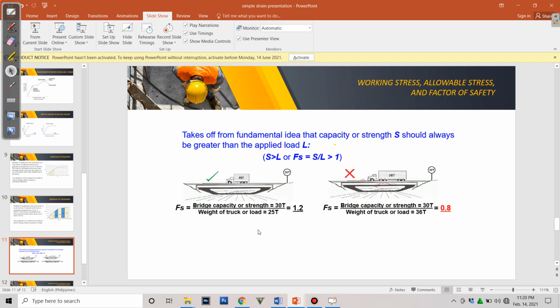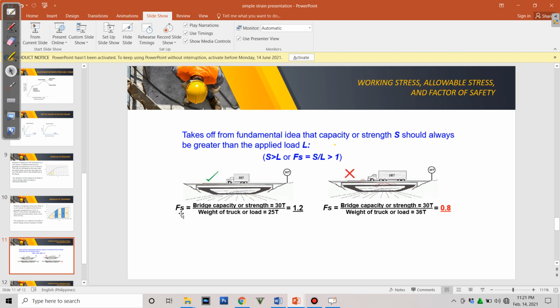We do not want the loading to exceed the capacity of the bridge here. The capacity of the bridge on this figure is 30 tons, wherein the truck passing is 25 tons. So therefore, there is a check mark, meaning we have a factor of safety 1.2.